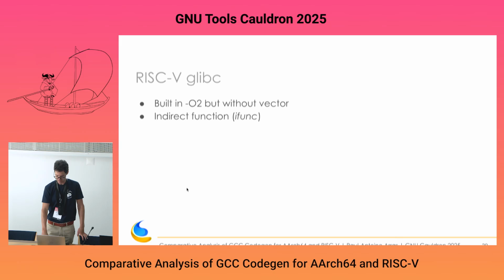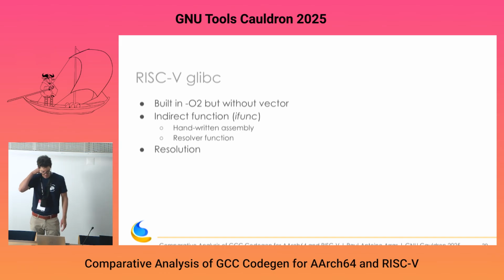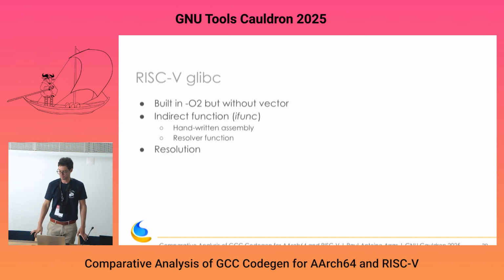But actually, yes, I have an explanation here. If you have glibc built, which is by default with optimization but without the vector extension, that's what you get. But if you build glibc with the vector extension for RISC-V, I did the test.